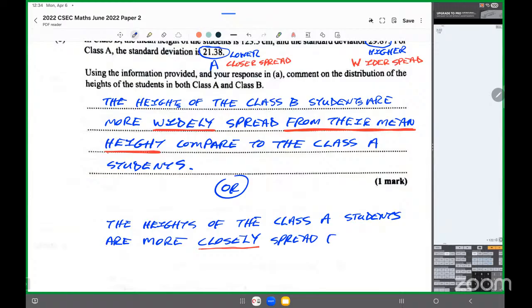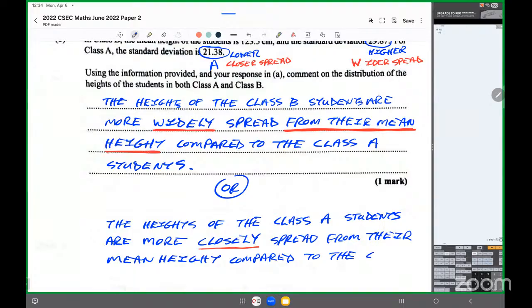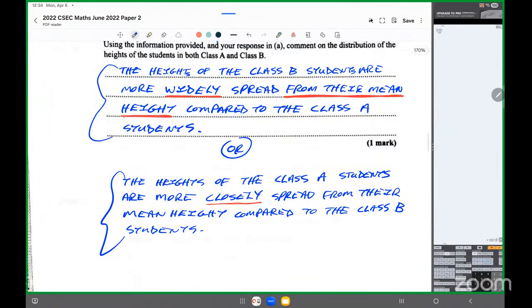And the spread is from their mean height compared to the class B students, now comparing with the class B. So you could write either this one or this one, any one you want to write.